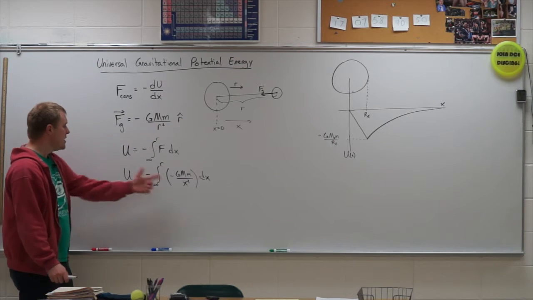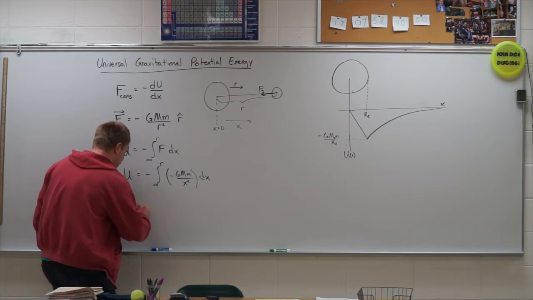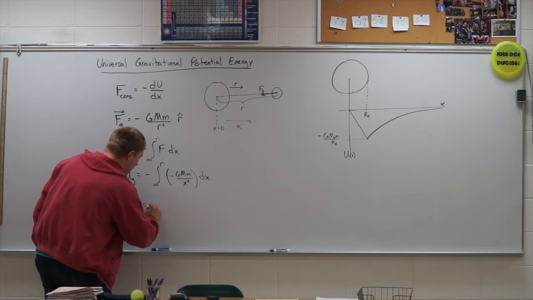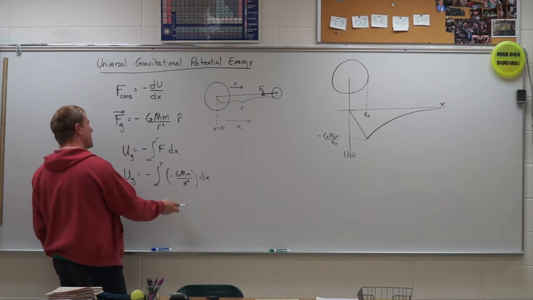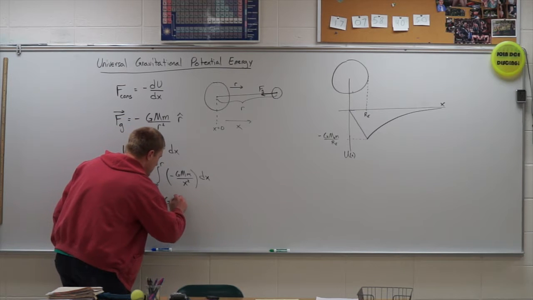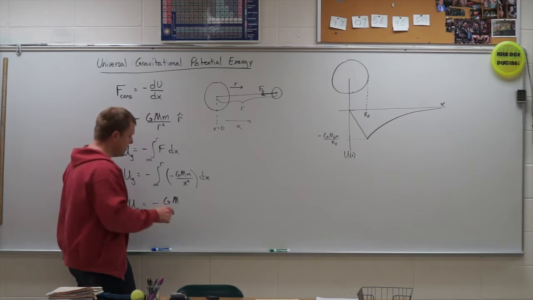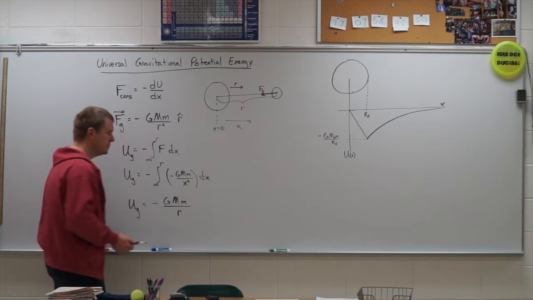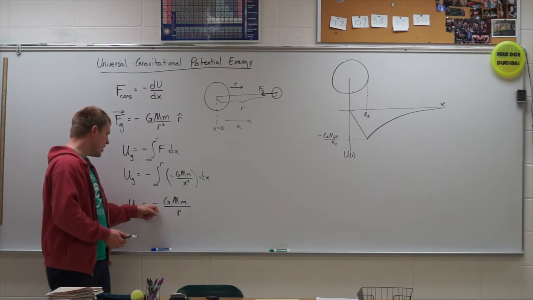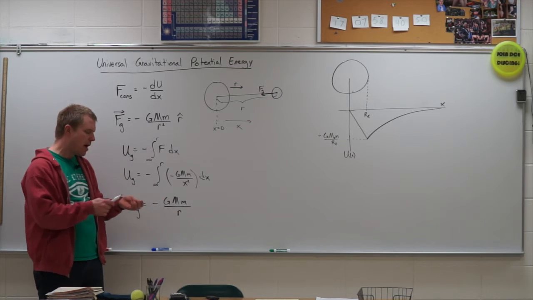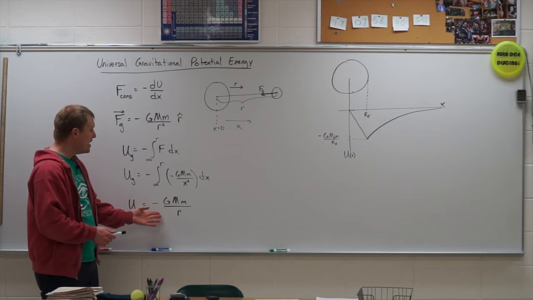Take this integral and we get a potential energy function for gravitational potential energy, let's be specific there, of negative, so you thought you had enough negatives, but another negative comes out, so we get 3 of them here. Big G, the mass of one of the objects, the mass of the other one divided by r. Okay? And so our potential energy is a negative number. Masses are positive, r is always a positive number, and so we get a negative potential energy.